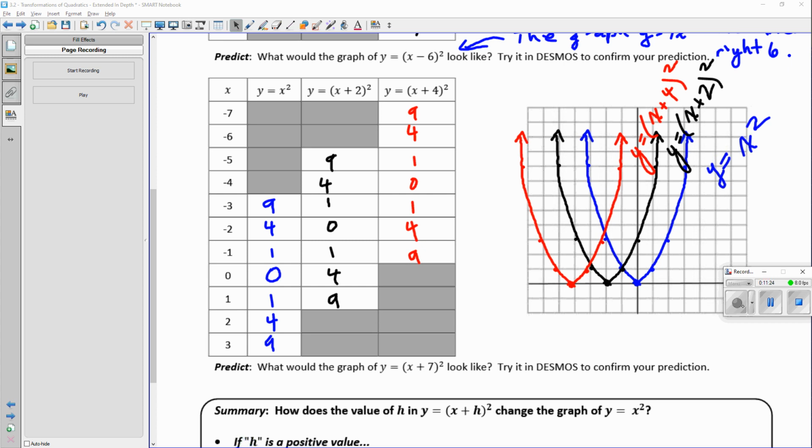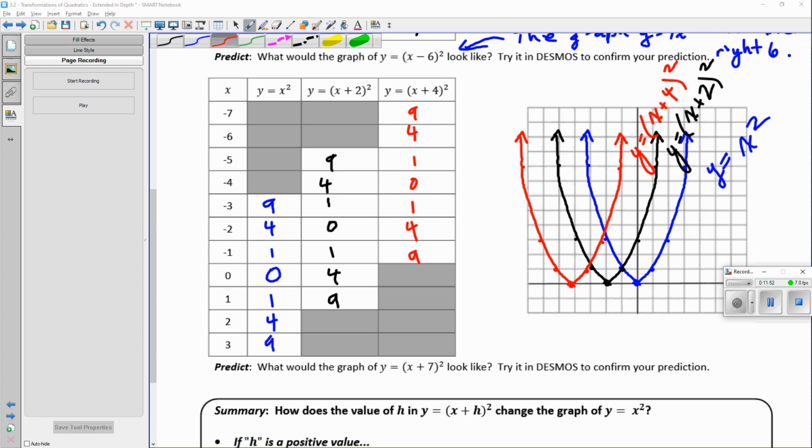So when we have x plus 4 inside our bracket, we've moved our vertex over to the left exactly 4 spots. So now, if I take a look at y equals x plus 7 squared, I want you to take a look at that and predict what will happen. I'm not going to do it, but pause the video, come up with a solution, go take a look at it in Desmos, and then come back here.